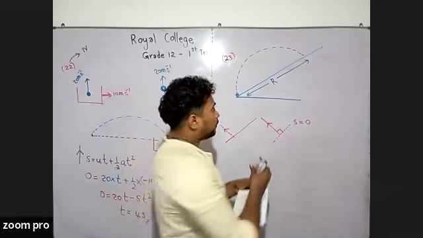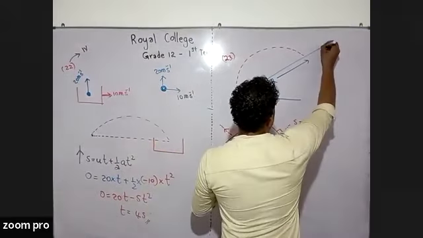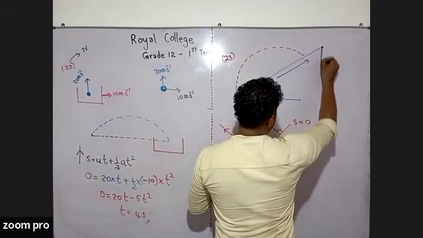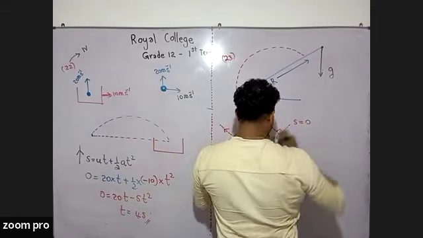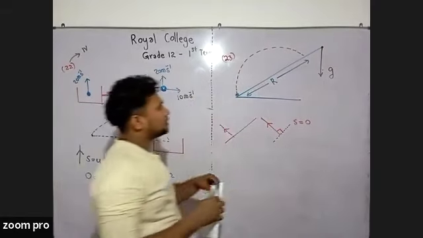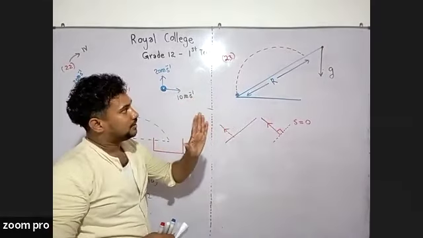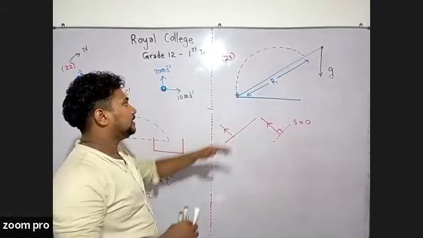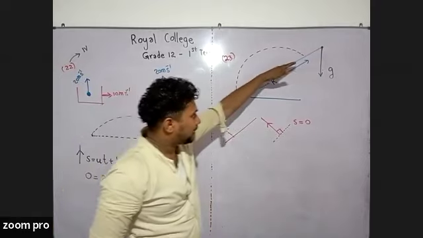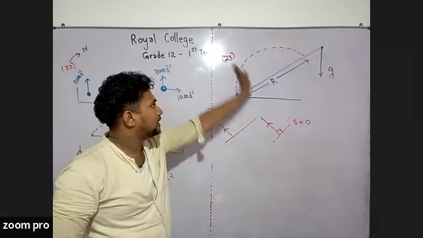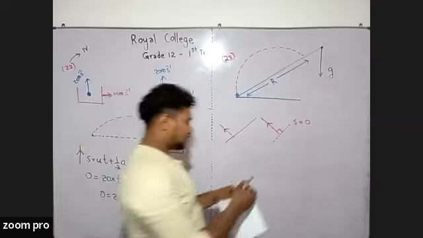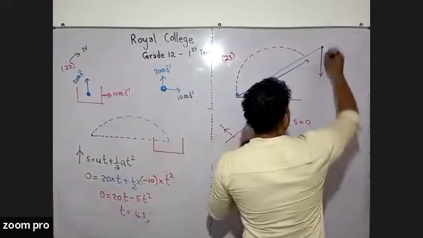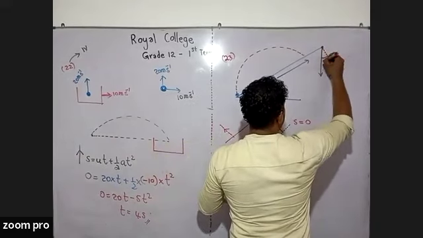Normally the gravitational acceleration is set vertically downwards. But if you consider this motion, you have to consider the gravitational acceleration parallel to the inclined surface as well as perpendicular to the inclined surface, right? So if this angle is alpha, you know that this one should also be alpha, right?